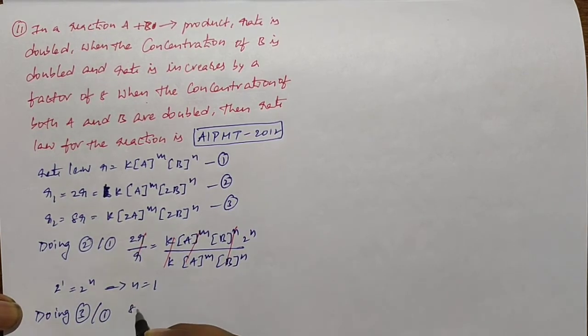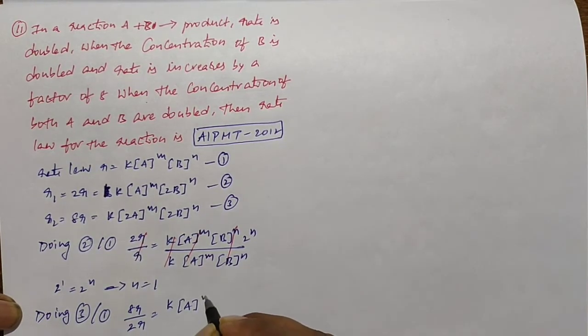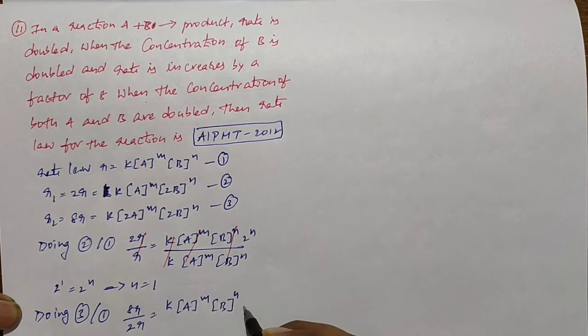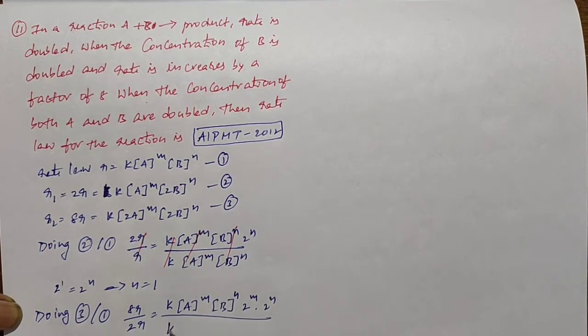In that time we get 8R by 2R is equal to K into concentration of A power m into concentration of B power n into 2 power m into 2 power n, divided by K into concentration of A power m into concentration of B power n into 2 power n.